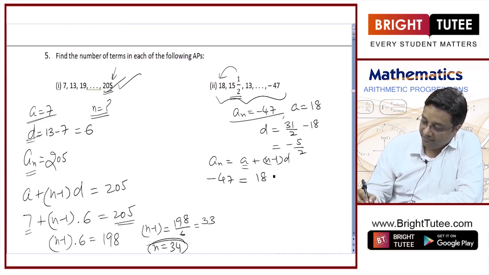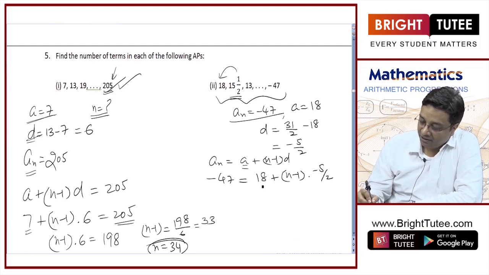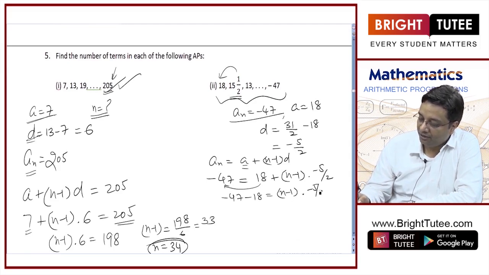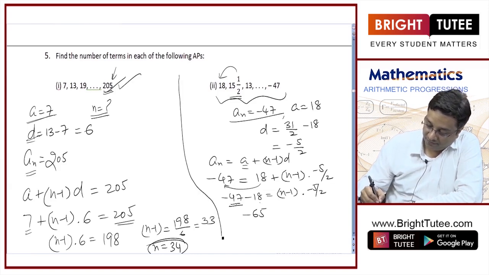A is 18 plus n minus 1 into d, d is minus 5 by 2. Okay. So if I bring 18 here, it will become minus 47 minus 18, which is equal to n minus 1 into minus 5 by 2. Minus 47 minus 18 is minus 65.